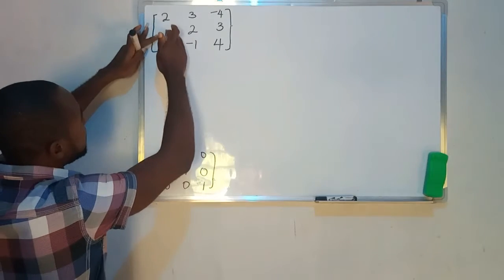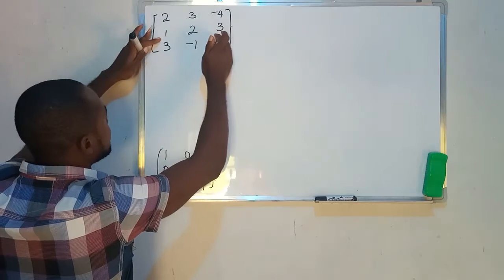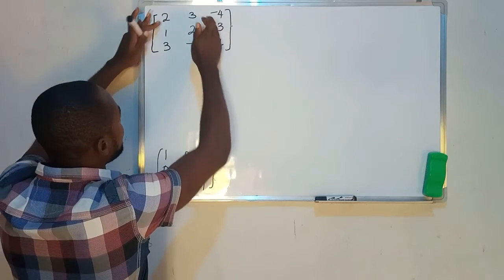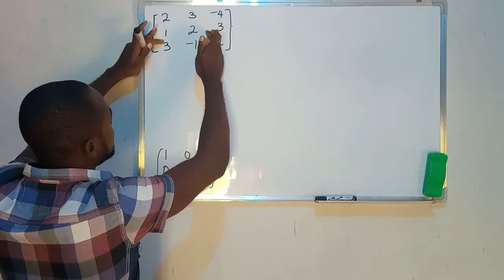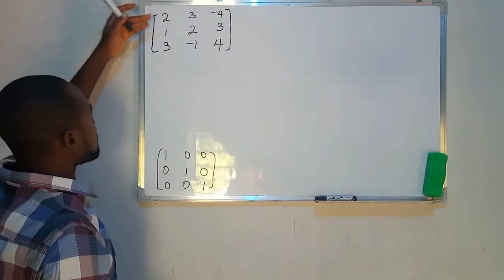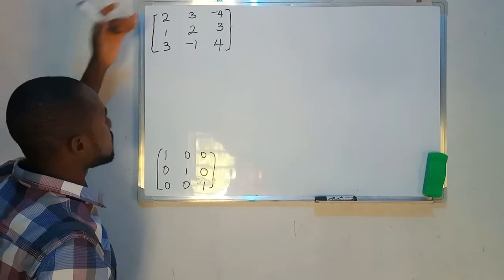We can decide to change the two rows, bring the second row and make it the first row, and then bring the first row and make it the second row. Doing that, we'll have 1 here. Or we can decide to divide everything here, to make us have 1 here.